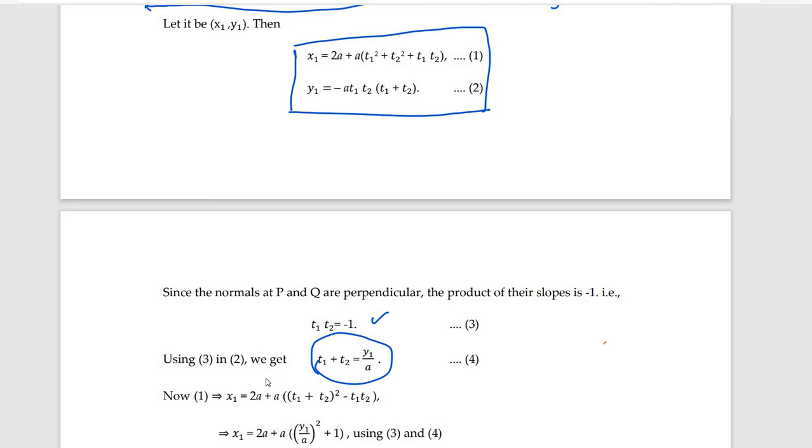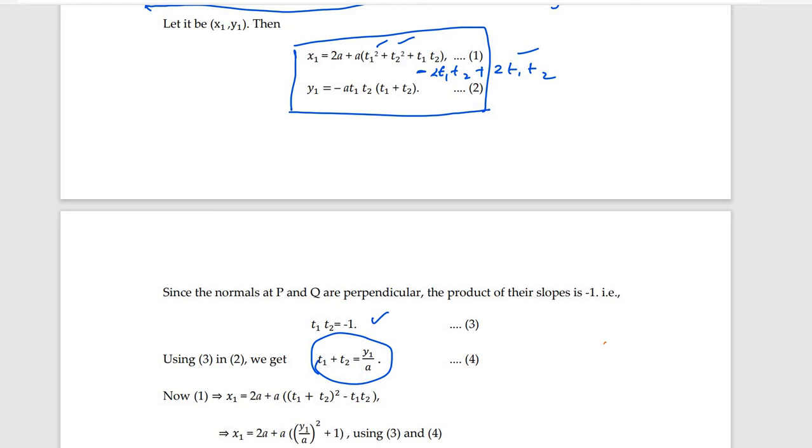Now going to equation 1, x1 is 2a plus a into, we can rewrite t1 square plus t2 square by adding and subtracting 2 times t1 t2, so that this and this give us t1 plus t2 the whole square, and here minus 2 t1 t2, and there it is just t1 t2.